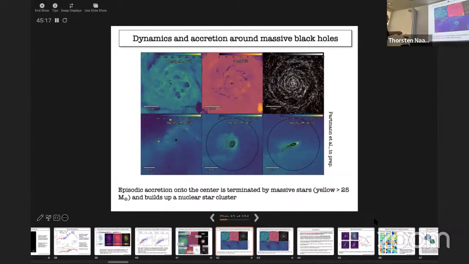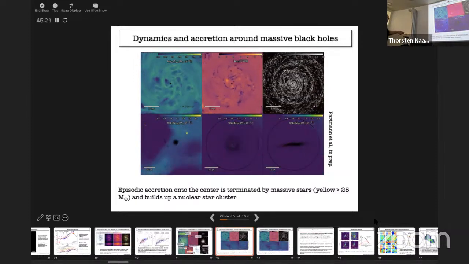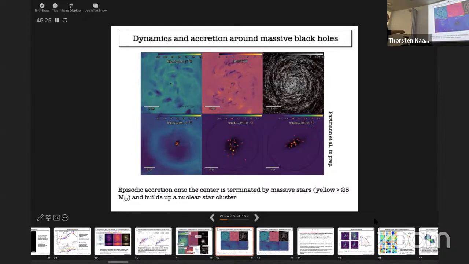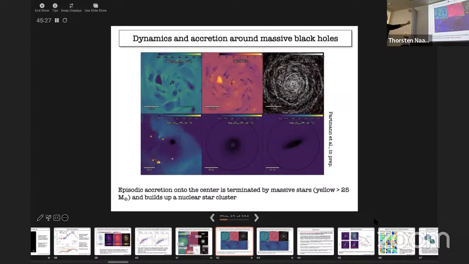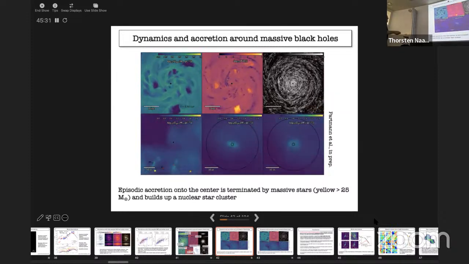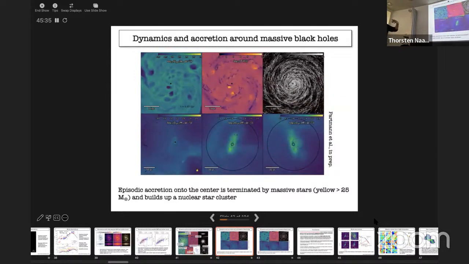But we trace accretion events. Here's one. Accretion to the center. And we form a stellar next event. Accretion to massive star forms, the supernova explodes, terminates the accretion flow. And I think there's another one here. So what happens is the gas is accreted into the center.